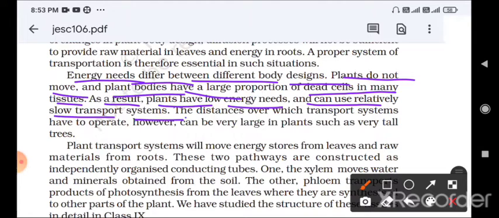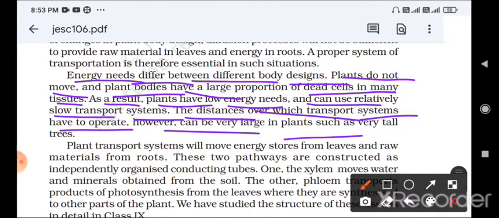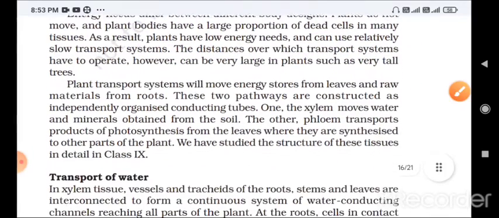The distance over which transport systems have to operate, however, can be very large in plants such as very tall trees. Sometimes a slow transportation makes it very difficult for the plants to supply the raw materials to greater heights.